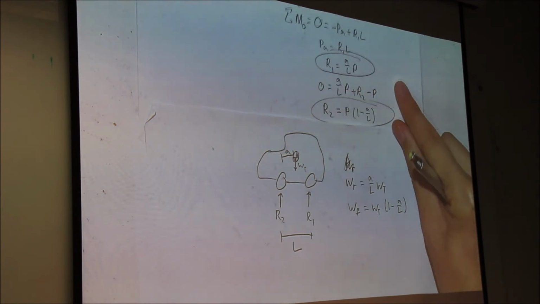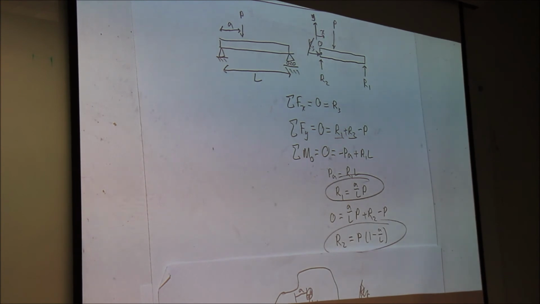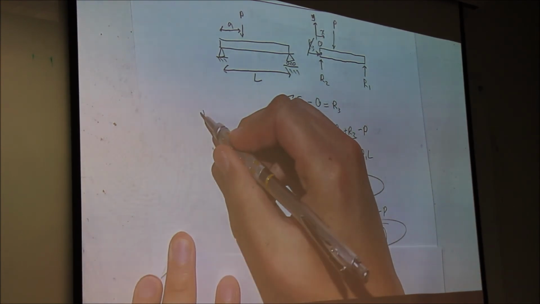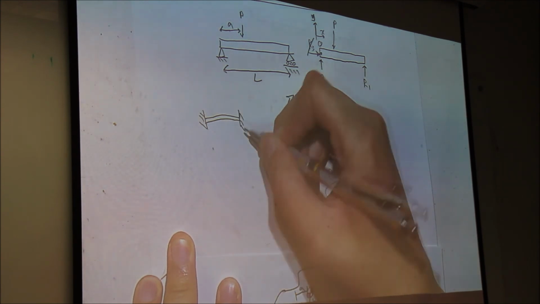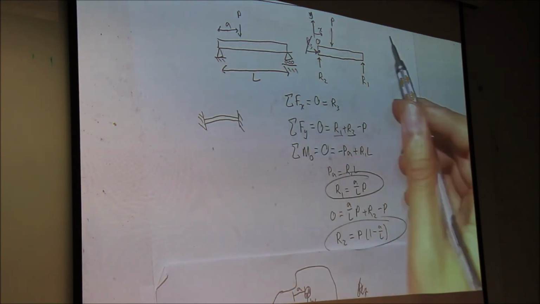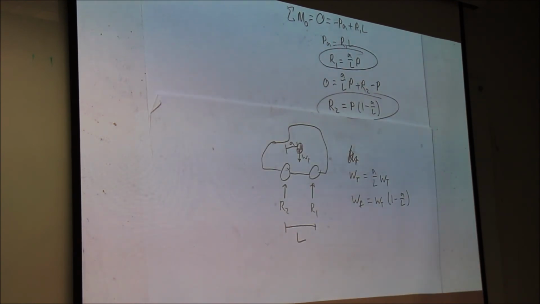Because the forces and moments we get with these are very different from if we had it like this, or even this. They'll come up with completely different answers. And it's important that we recognize when we're supposed to use a certain boundary condition.